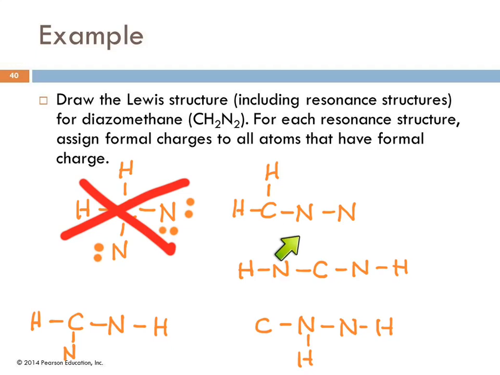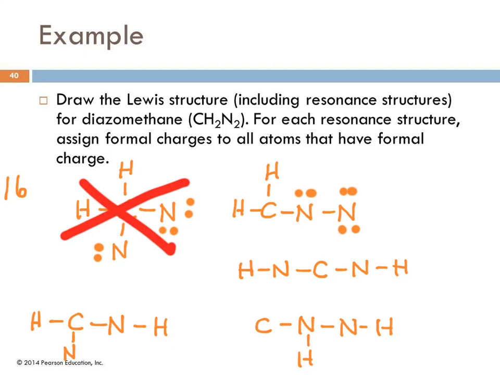Well, let's look at this one. I said I should write this down. We've got 16, right? 16 valence electrons? Because I'm going to forget. 2, 4, 6, 8, 10, 12, 14, 16. Okay. But now we can do some double bonding.